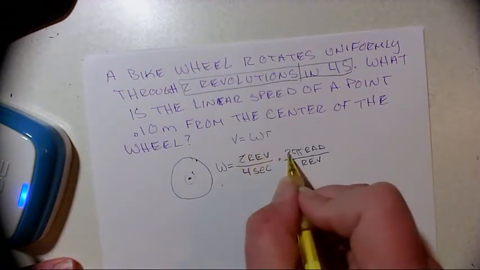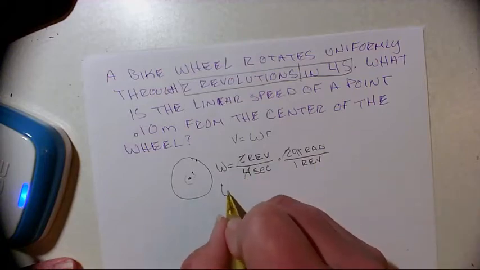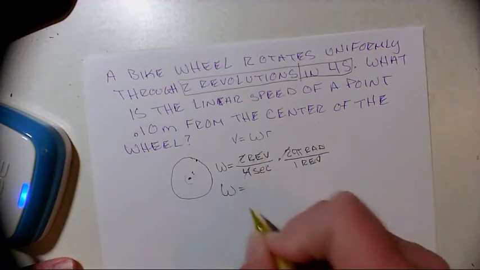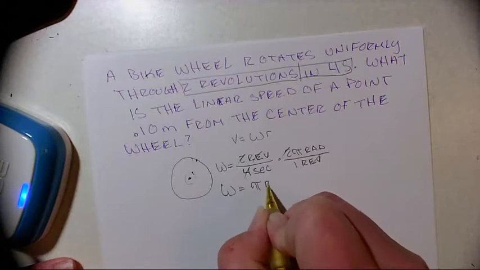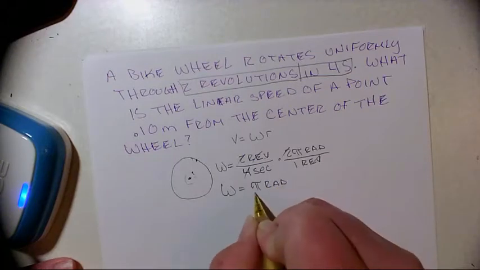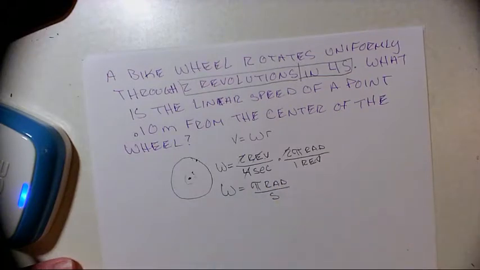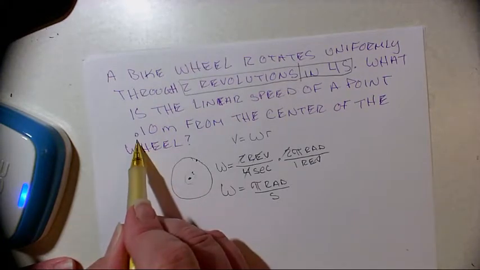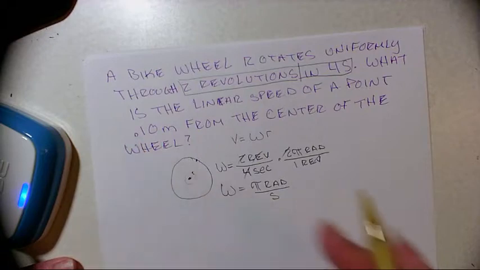I have 4, so these little guys are going to go away, and I'm going to get omega equals pi radians per second. We have that. Cool. But we are also given our distance from the center, so 0.10.